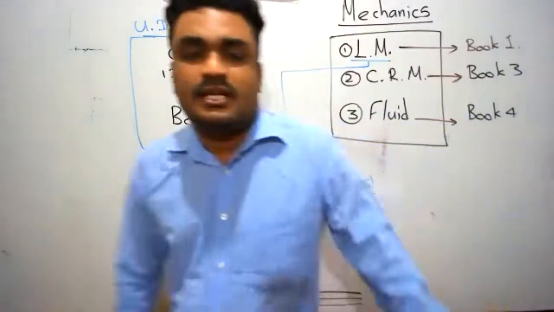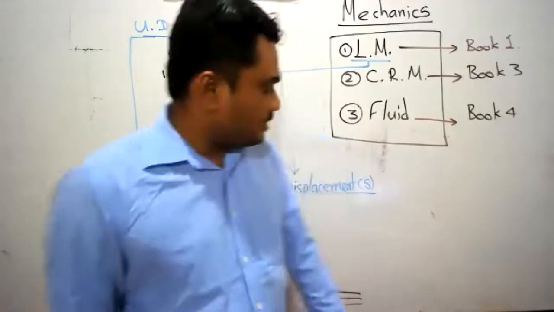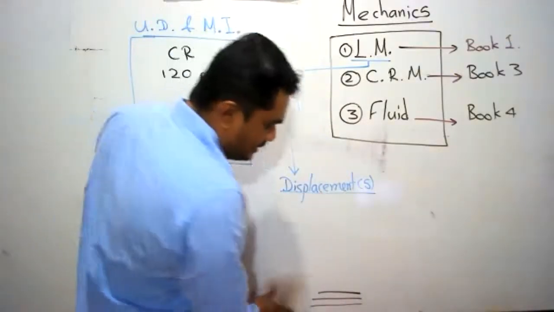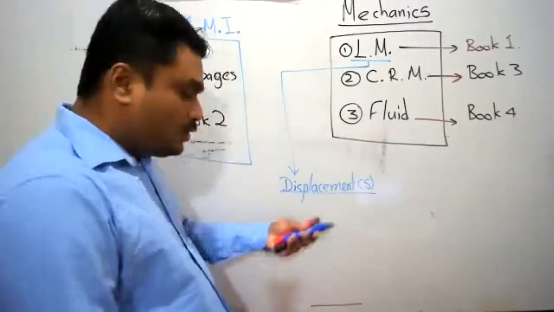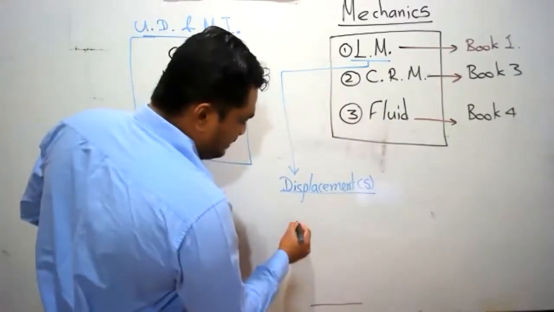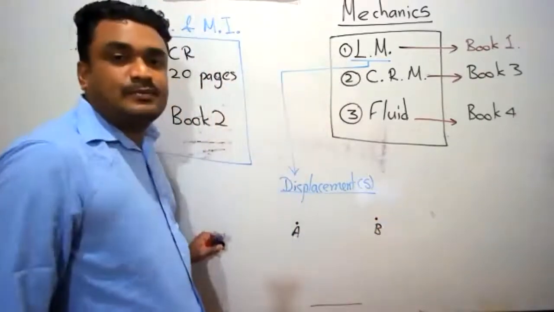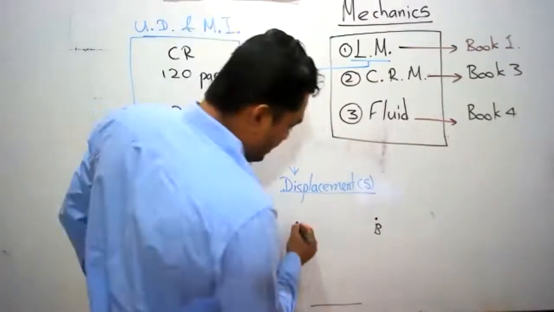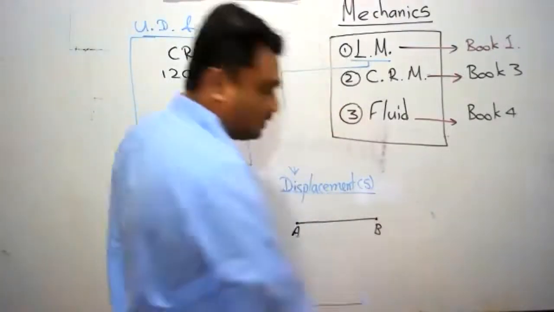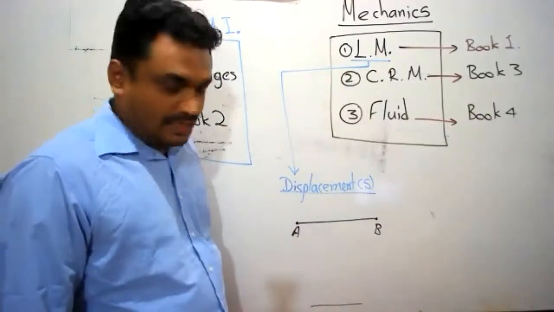So displacement is the shortest distance between any two points, right? If we are asked to find the displacement between any two points, for example, let's say this is point A, this is point B, we want to find the displacement from A to B. The first step is to join the points A and B by a straight line.